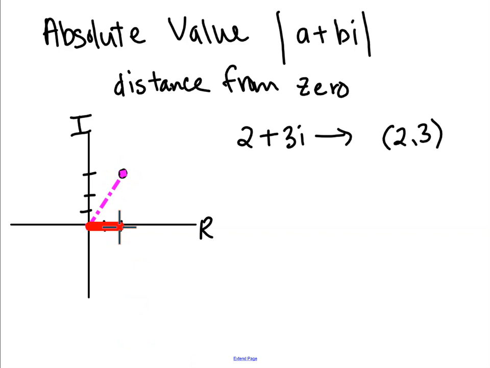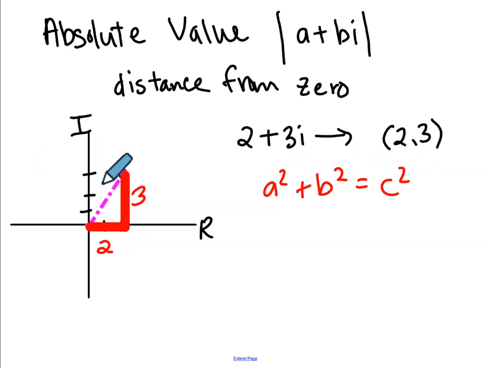Well, if you were to envision a triangle here, you would have this side is 2 and this side is 3. I believe we call this the Pythagorean theorem. Can you find that third side? Yes, we can. So let's find the third side.